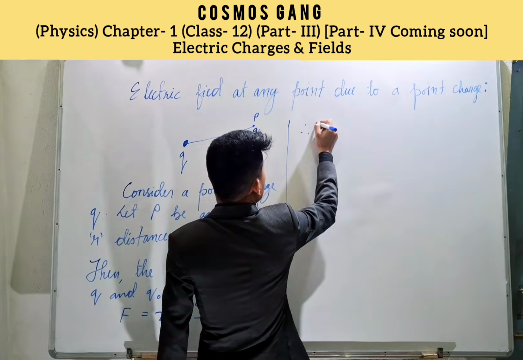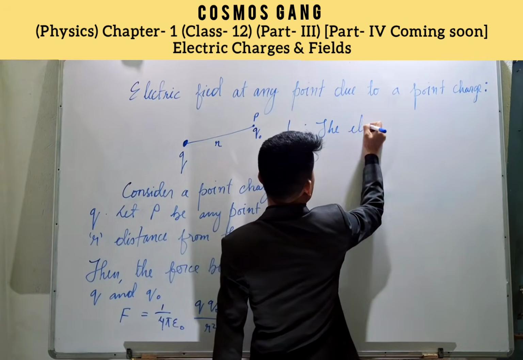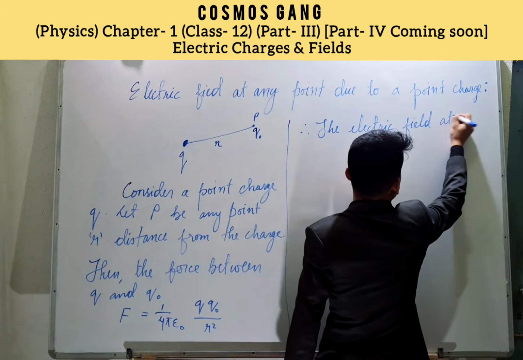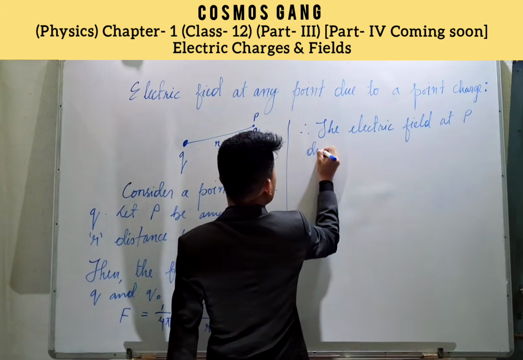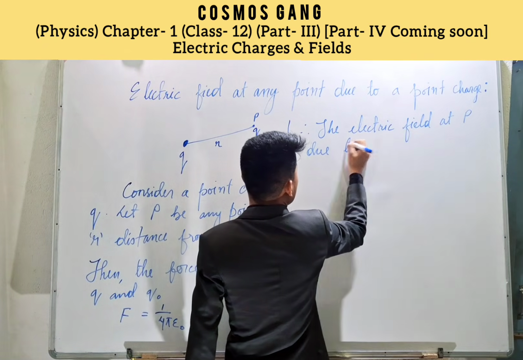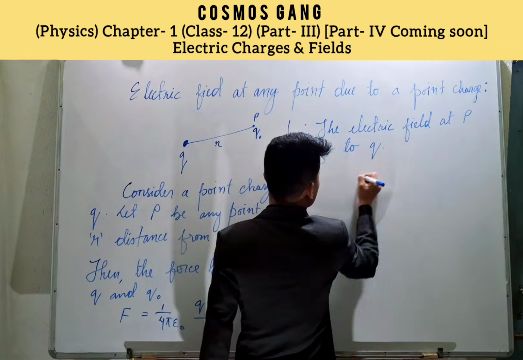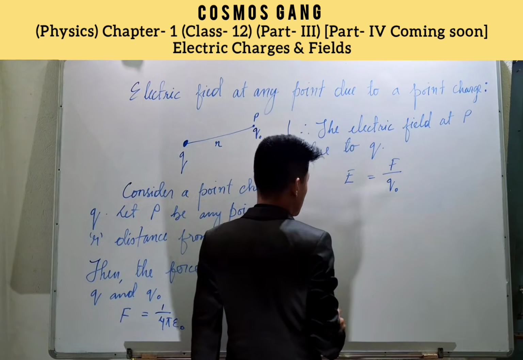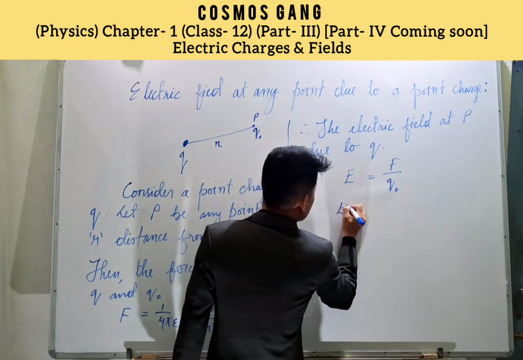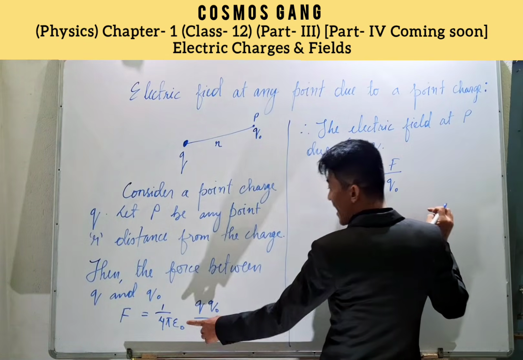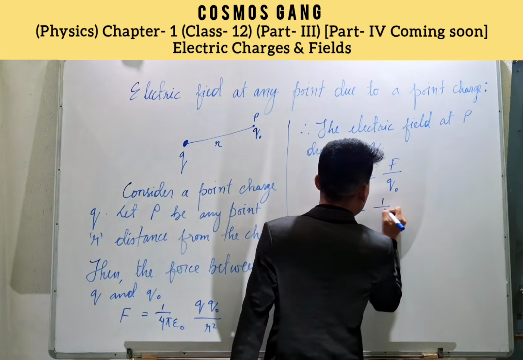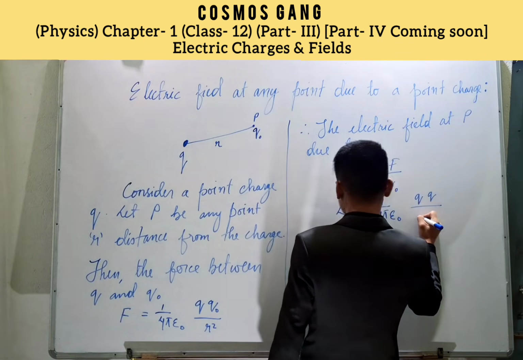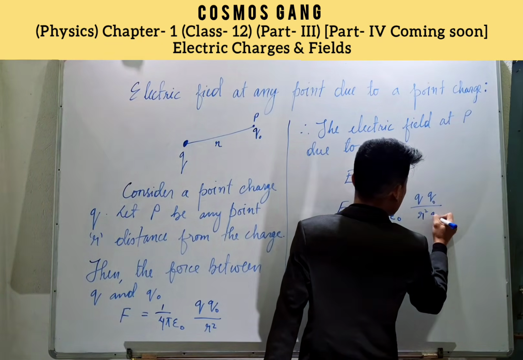Now, therefore, the electric field at P due to the point charge Q is given by E equals F by Q naught. When I put the value of F in here, E equals 1 by 4 pi epsilon naught Q Q naught by r squared Q naught.